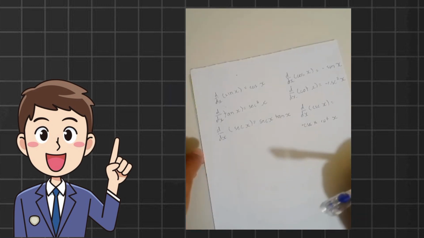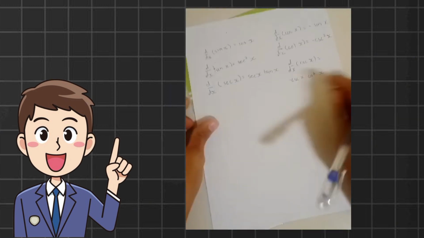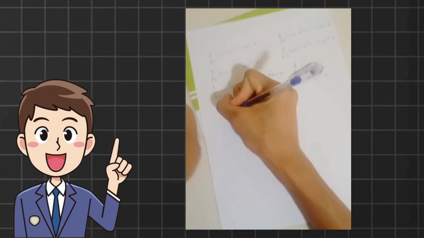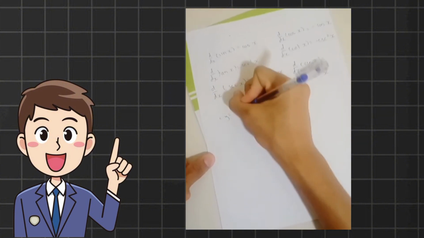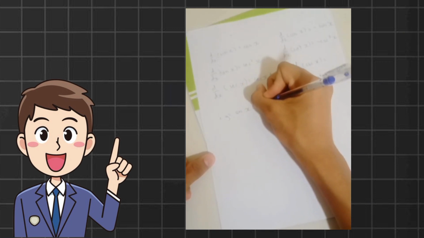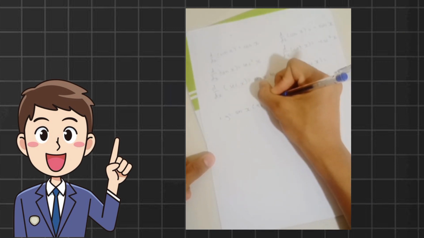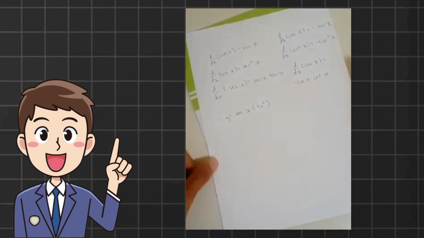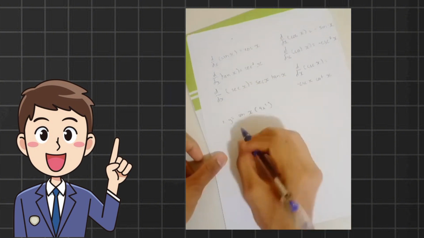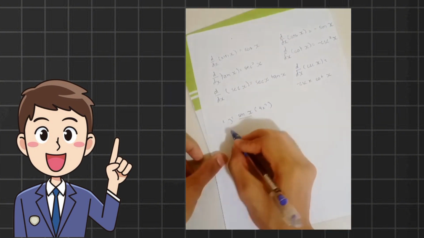Now let's move on to the examples. Let's find the derivative of sine of 4x cubed.